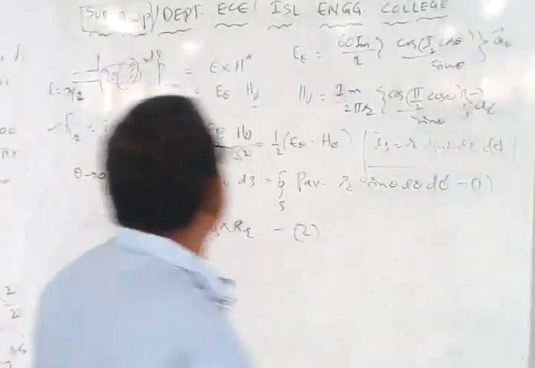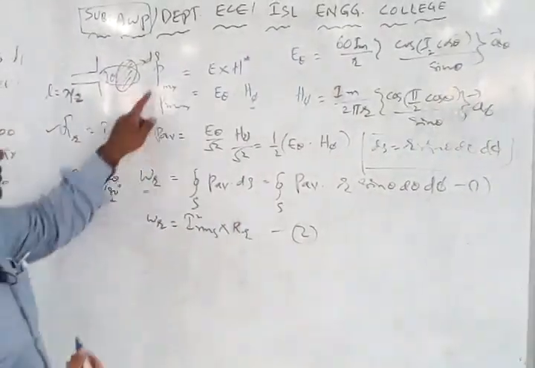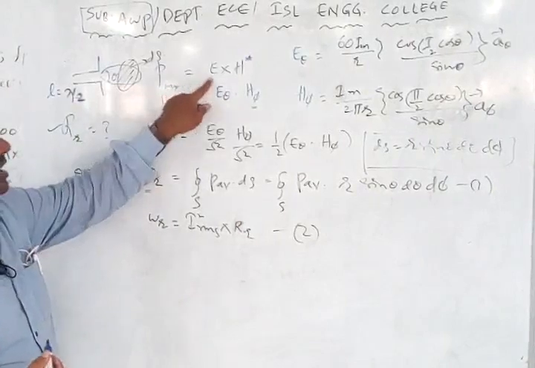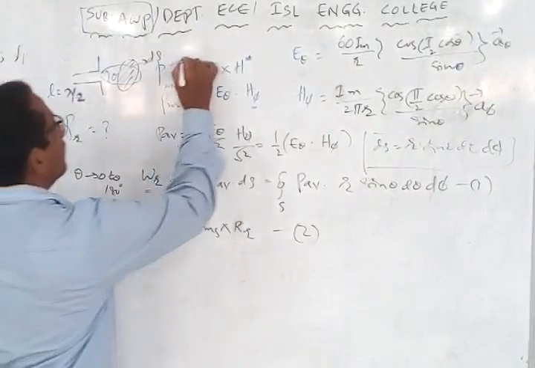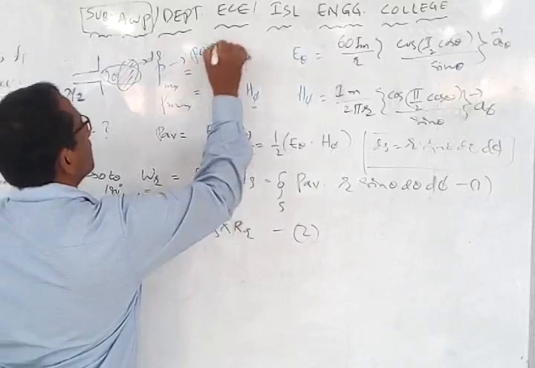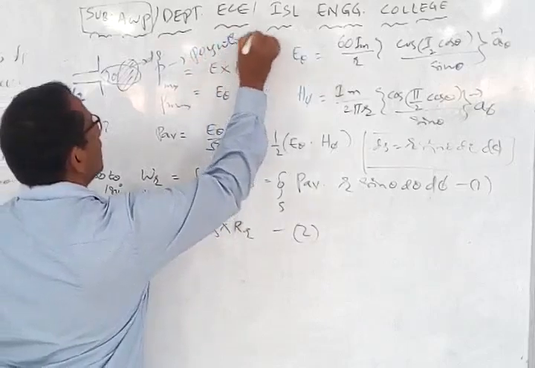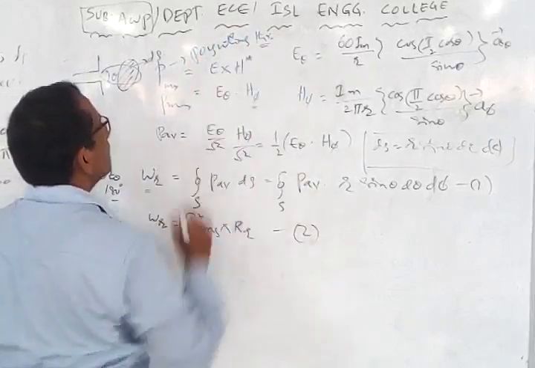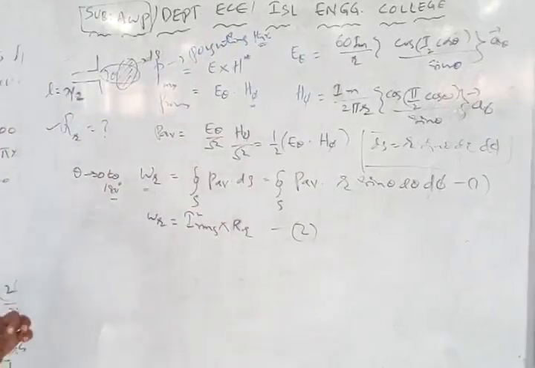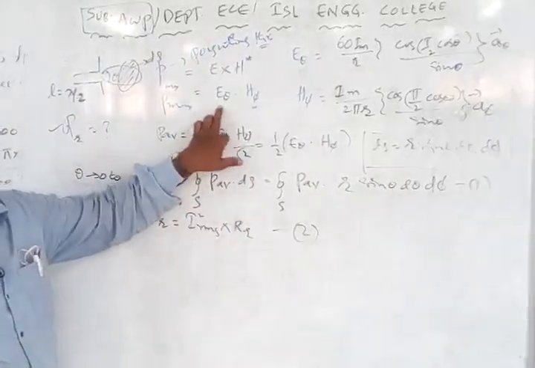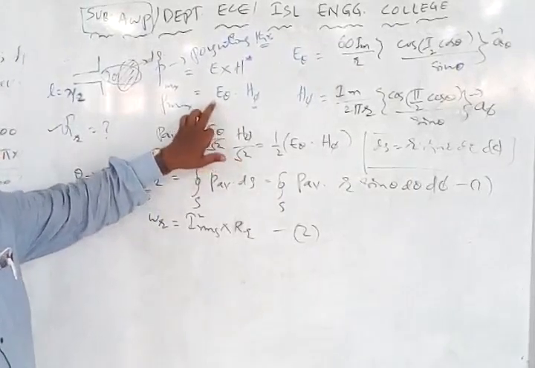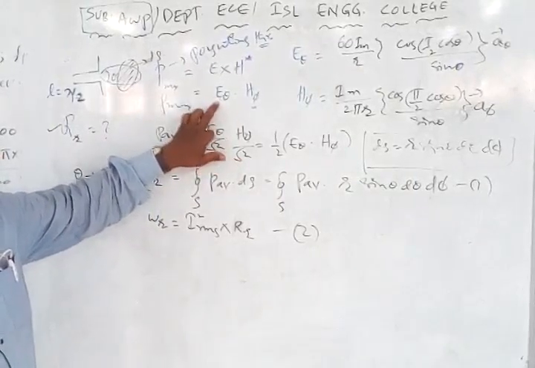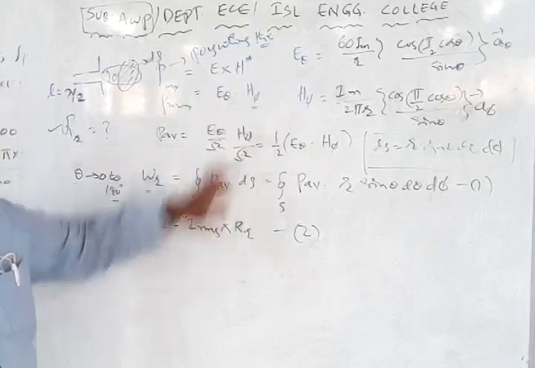Now the maximum power from Poynting theorem, I can write E cross H. So from Poynting theorem I can write this particular equation. Now I am assuming that the wave is propagating mostly in the theta direction, so E theta into H phi.